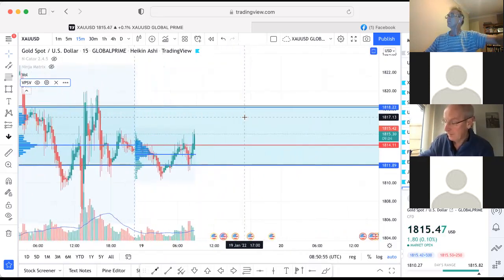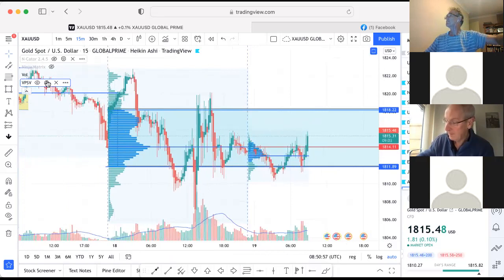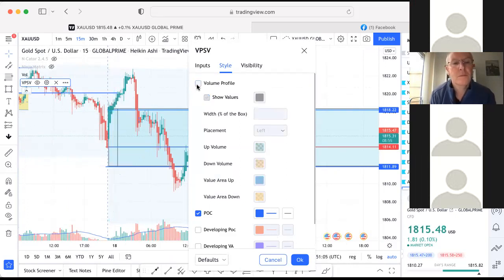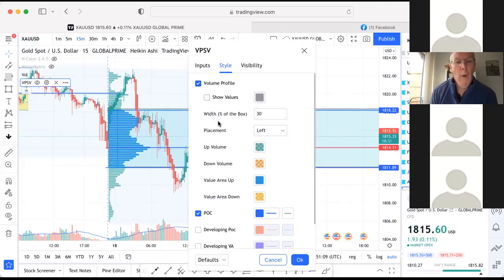My chart doesn't seem to be responding too well this morning. So okay, I'm going to skip that for now. I'll come back to that when I've found out what's going on.